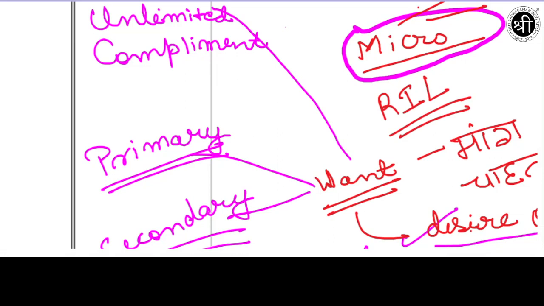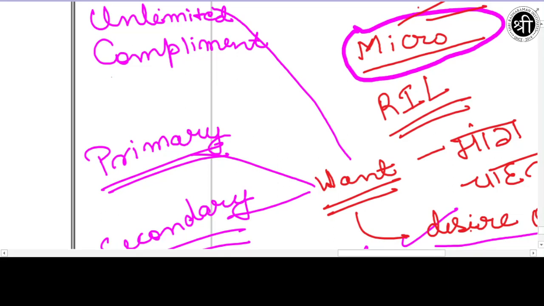These two wants are staying together in a simultaneous manner. So this is what we call complementary wants. Like if I want a pen, then I will also be wanting ink. Now if I want food, then I will also be wanting water. So wants can be complementary also.